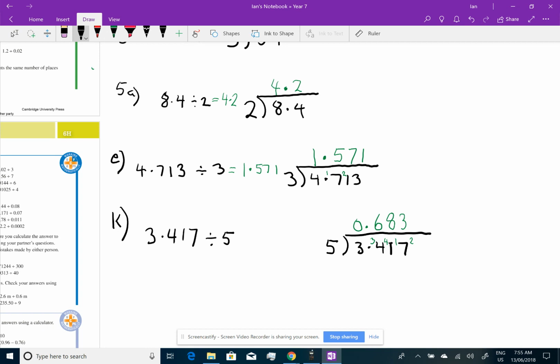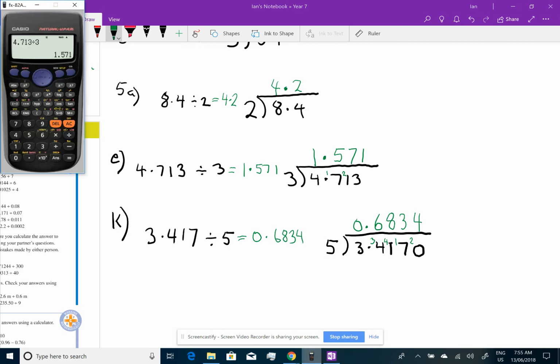Uh-oh, I better add another digit because I had to go a little bit further. And every time you add a digit when there isn't one there, you add a 0. 5 into 20 goes 4 times. Great. I think my answer is 0.6834.